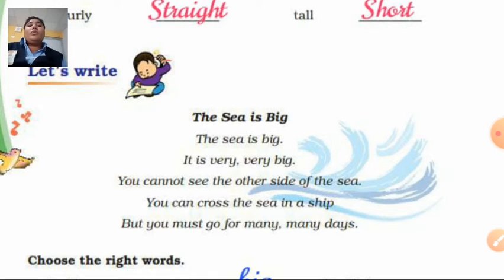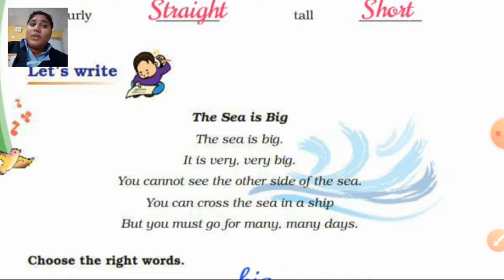So, you can cross the sea in a ship, but you must go for many, many days. As I told you, when we are sailing in a ship, it takes a long time and also a lot of energy because there is nothing else to see except the sea water.